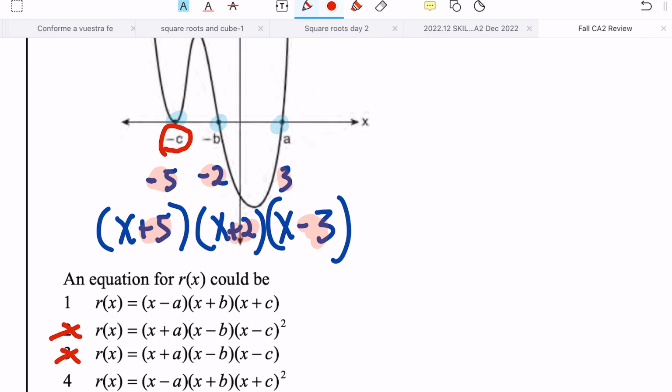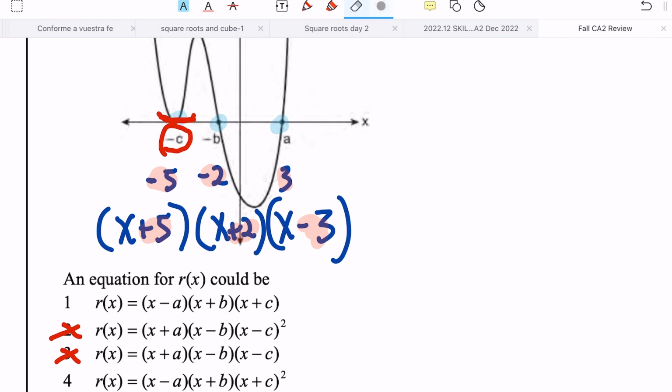Now remember that the x plus c squared is going to show in the graph when there is actually 2, so this is actually x plus c and x plus c. We're going to see that the function is going to be more flat by the x-intercept.